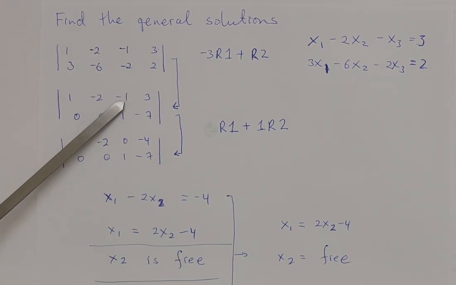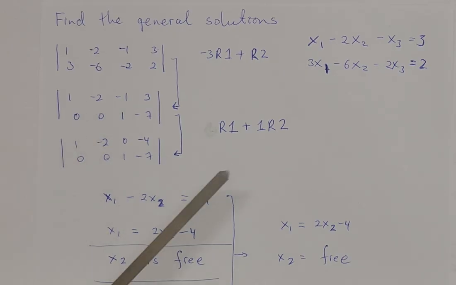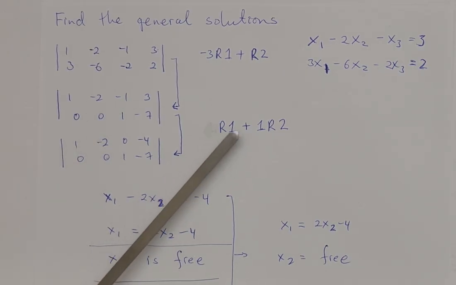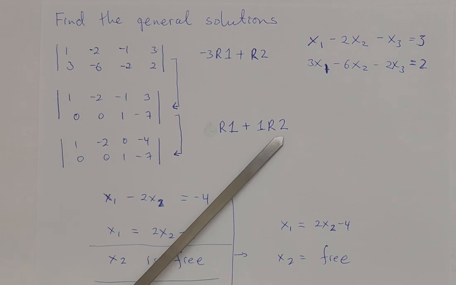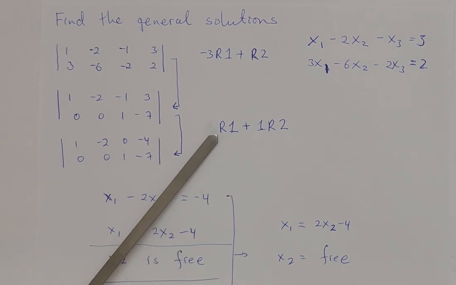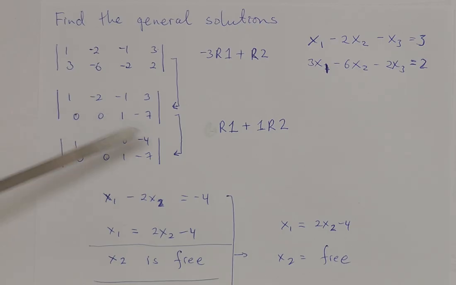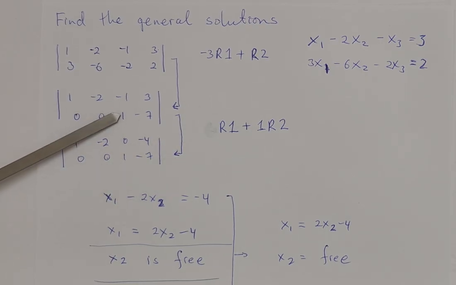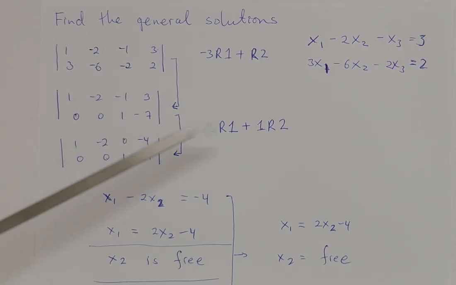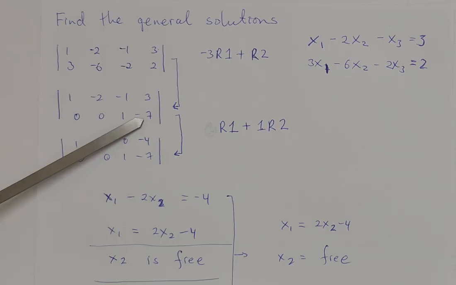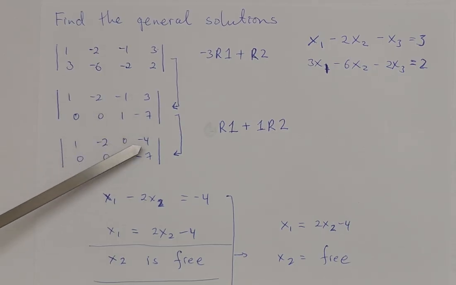The opposite of -1 will be +1, which I wrote here: R1 plus 1 times R2. 1 times 1 gives me 1, plus -1 gives me this 0. 1 times -7 gives me -7, -7 plus 3 is -4.